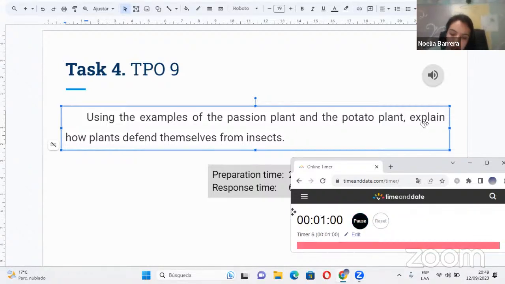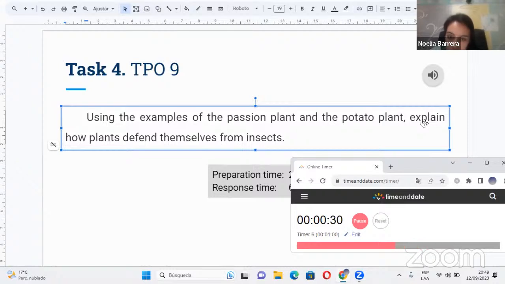The lecture discusses how plants defend themselves from insects. First, the professor talked about physical defenses like spikes. Some plants have spikes to prevent insects from landing on their leaves, so that makes the plants uneatable. And it's for protection. For example, passion plants.